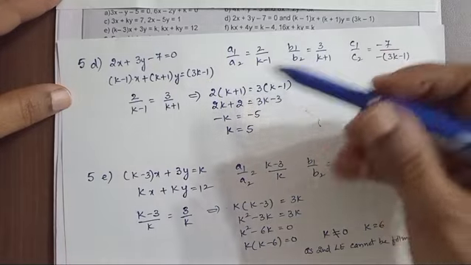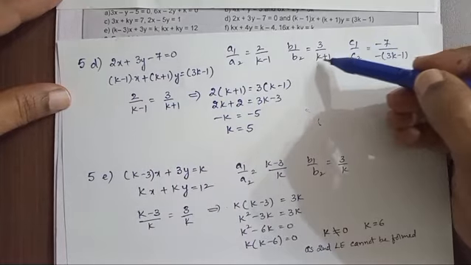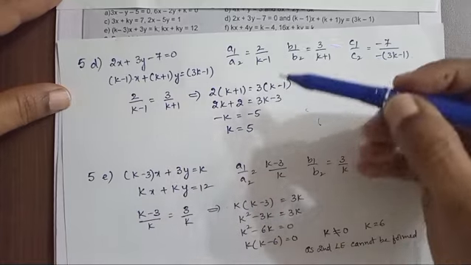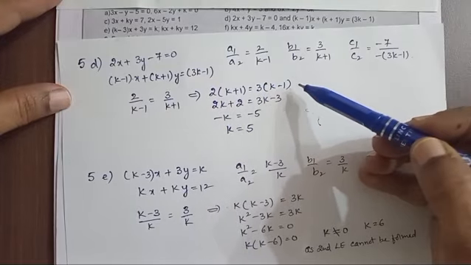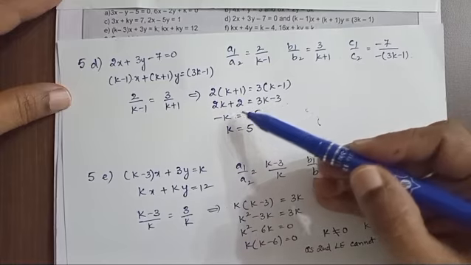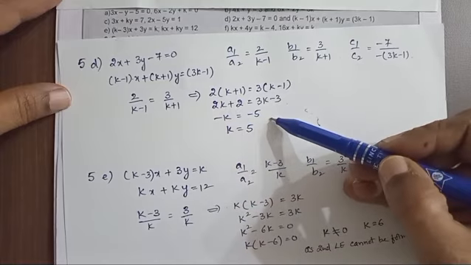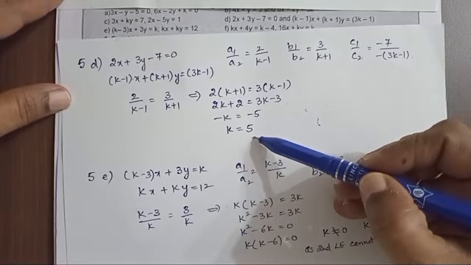Let me take the first two ratios. 2 by k minus 1 is equal to 3 by k plus 1. Cross multiplying, I get 2 into (k plus 1) is equal to 3 into (k minus 1). 2k plus 2 is equal to 3k minus 3. Minus k is equal to minus 5. Hence k is equal to 5 is a solution.